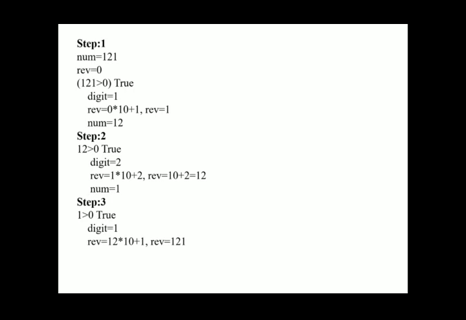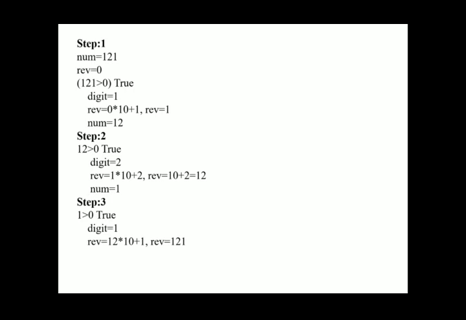So in step 2, we are rechecking the condition with the num value as 12. 12 greater than 0 becomes true and the digit calculated with the logic will be 2. Similarly, reversing is done with the logic reverse into 10 plus 2, where 2 is the digit value and 1 is the previous reverse value. So reverse will be 12.